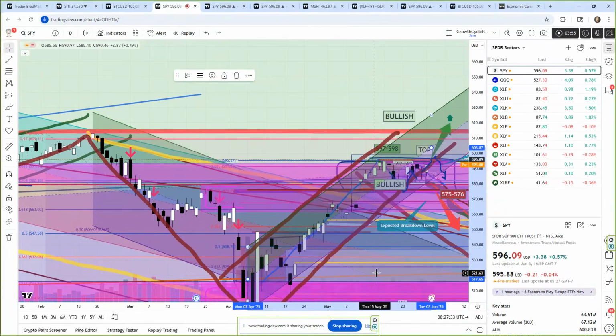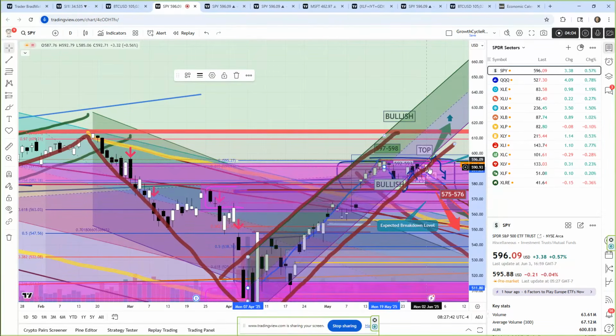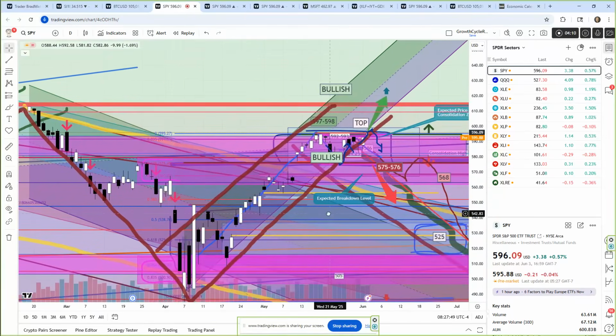We're still kind of in that channel. If we were to go back here to this point, you can see that we're slightly outside of the standard deviation channel. So understand that depending on how you want to look at this, we are definitely in sideways consolidated trading right now.